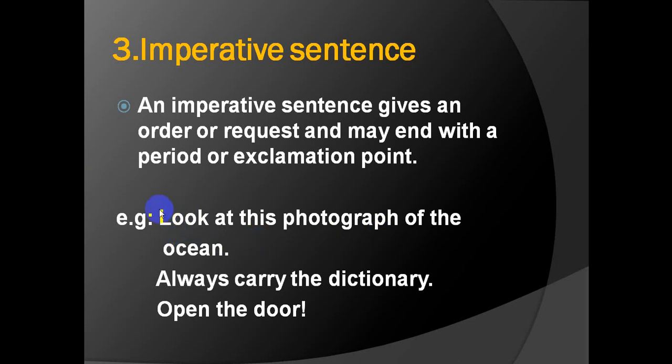You may notice here it starts with a capital letter and ends with a period or full stop. Always carry a dictionary. It starts with a capital letter and ends with a full stop. Open the door! So here it starts with a capital letter, but it ends with an exclamation point.